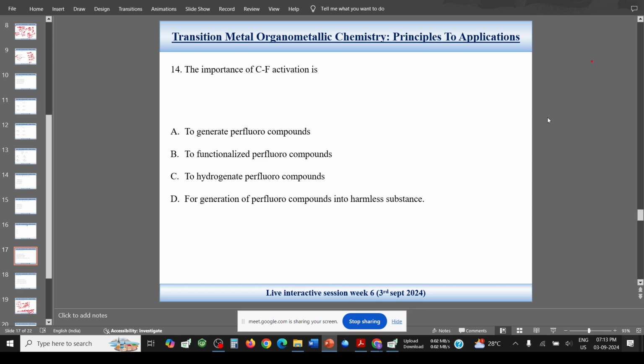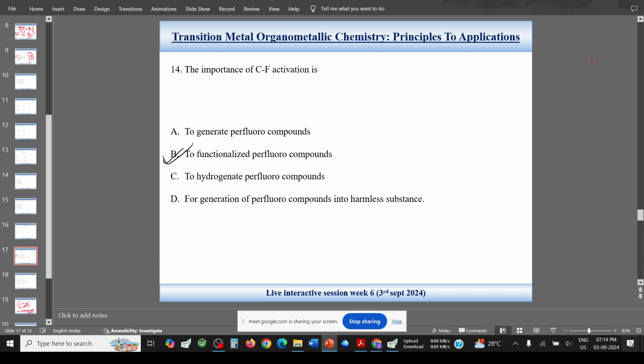To functionalize the perfluoro compounds. To functionalize perfluoro compound, that is option number B.